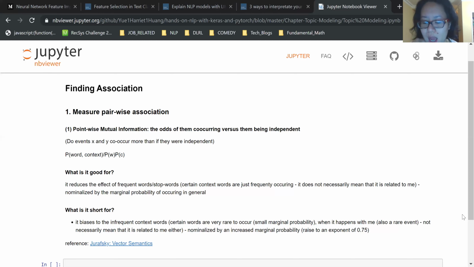So therefore, if you have a very rare event, then the marginal probability will actually be higher. So therefore, the PMI will be lower for the infrequent word. So this is one disadvantage of PMI, which is it is biased toward the infrequent word. But what it is good for is it can reduce the effect of frequent words.